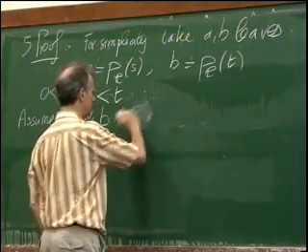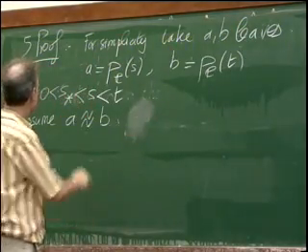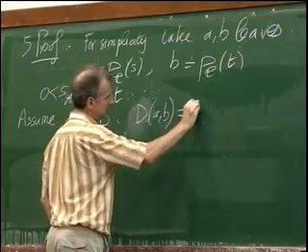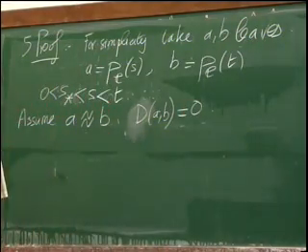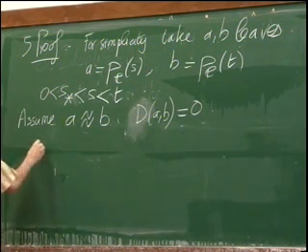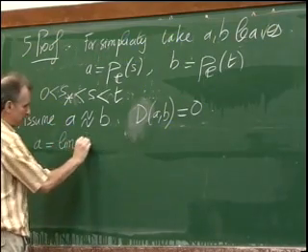So I want to prove that the first relation holds. A equivalent to B means that D of AB is equal to 0. That's the definition. So what I want to do is approximate A and B by discrete points.